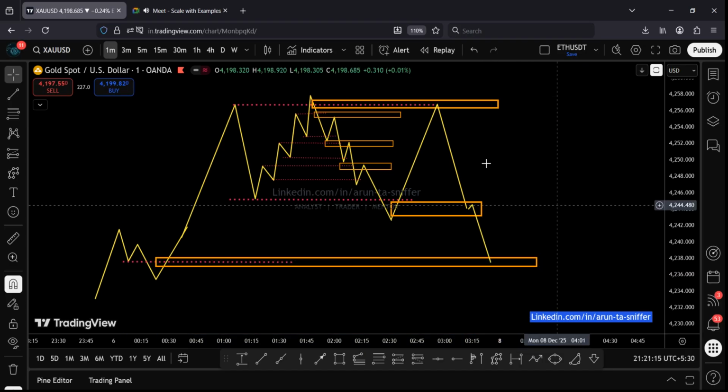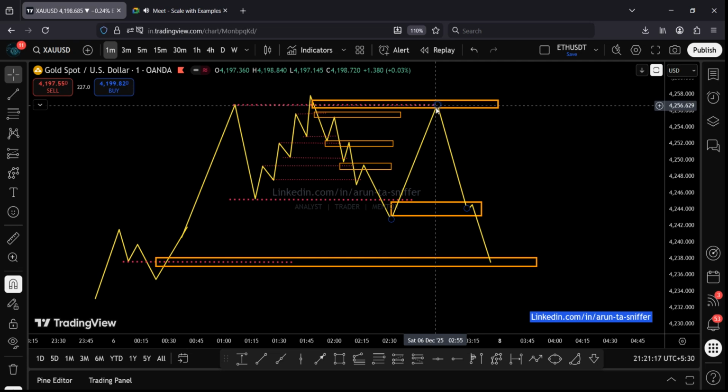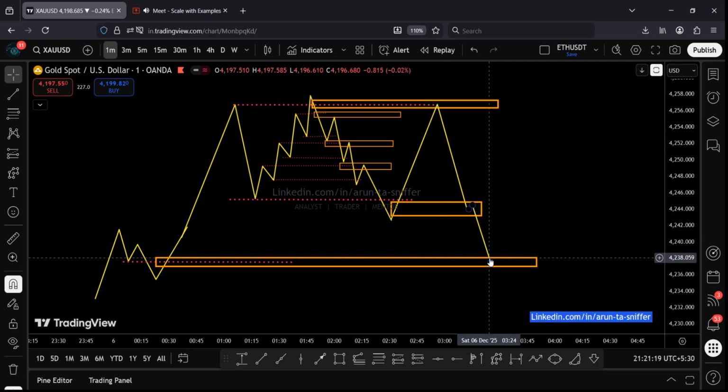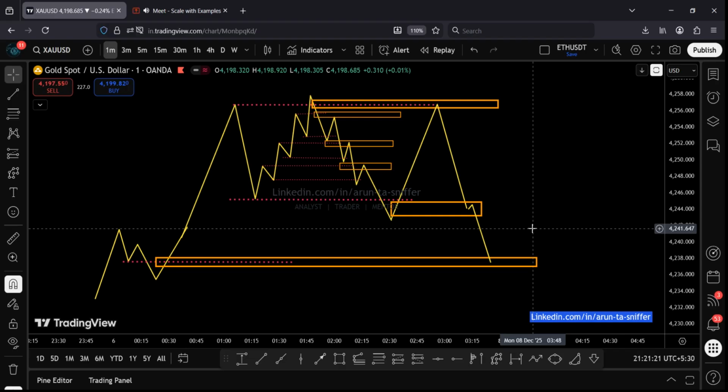So when the price hits the bearish QM, it will come back to the bullish QM. And if price is coming from the RSFL, it will reach the RSFL, right? So always keep this in mind. Usually if it is coming from swap FL, it will come to the swap FL. This is what scale says.